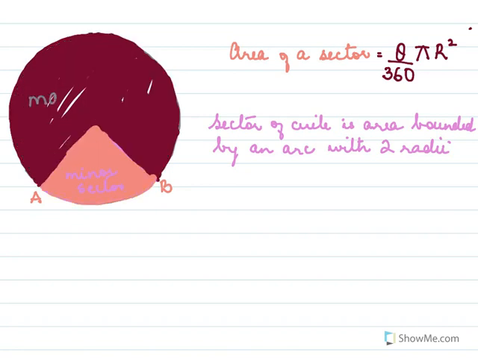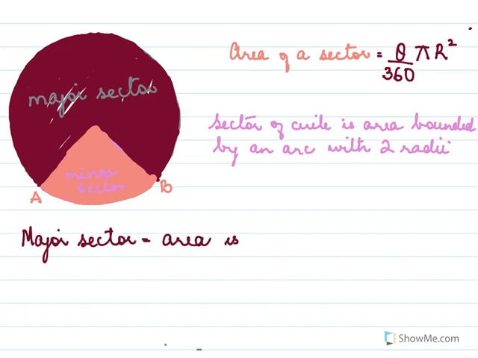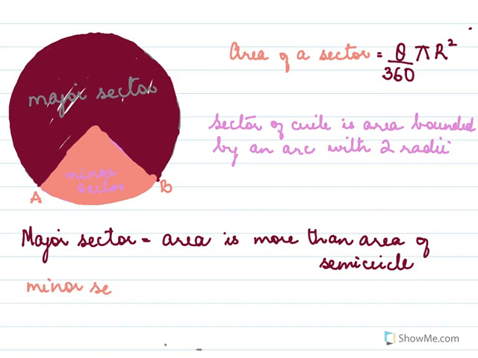This shaded region is the major sector. If you define a major sector, it is a sector whose area is more than a semicircle. And a minor sector's area is less than a semicircle.